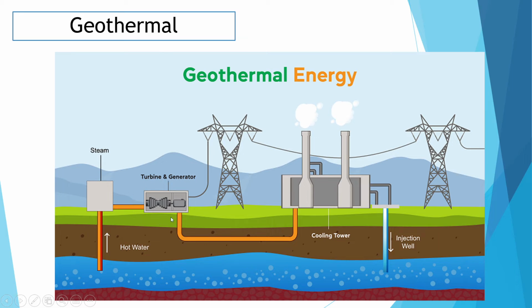The kinetic energy then generates electricity using the generator. Again, the turbine is just to convert the heat energy into kinetic energy, and then this kinetic energy is converted into electricity by the generator. And that's how you use geothermal energy.